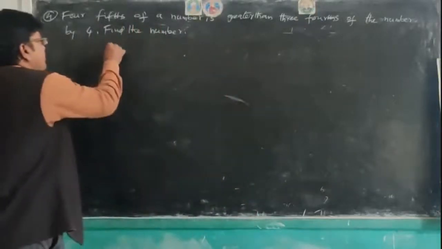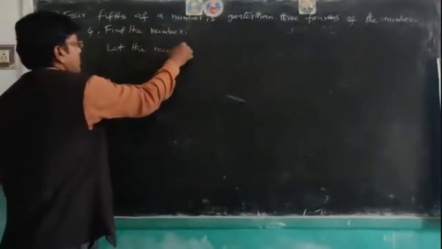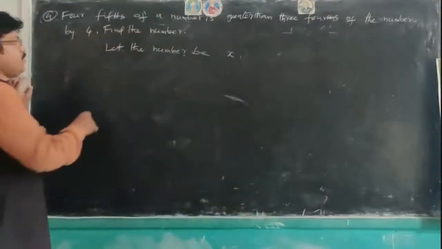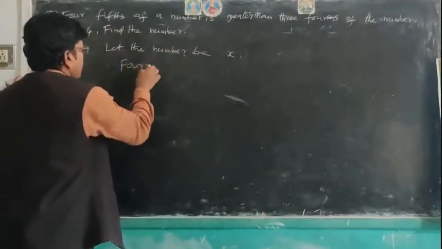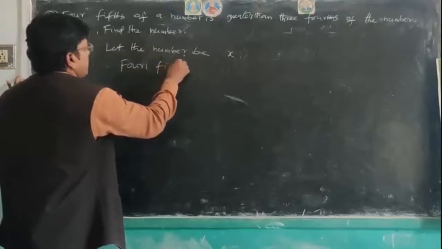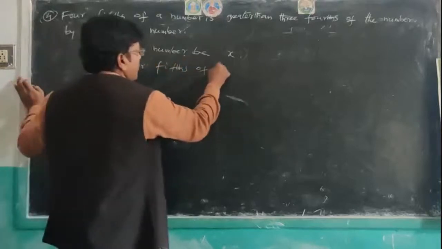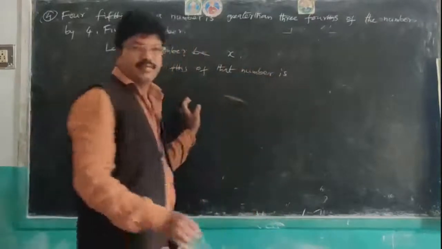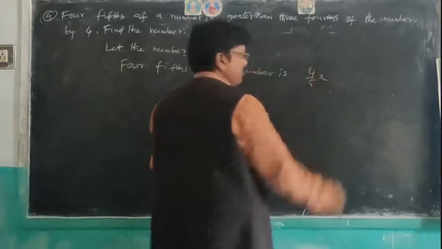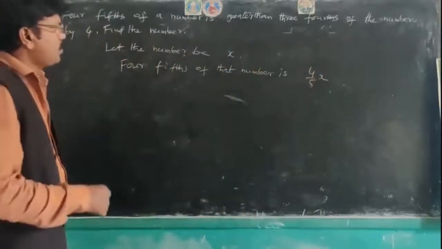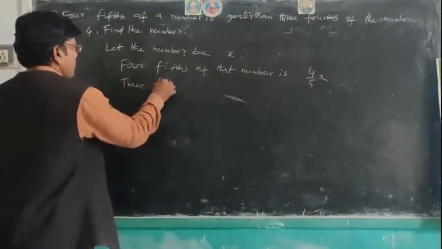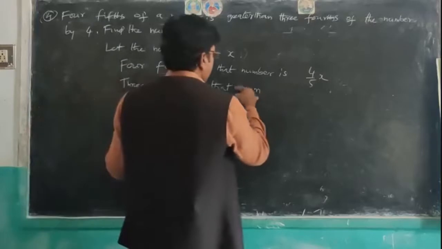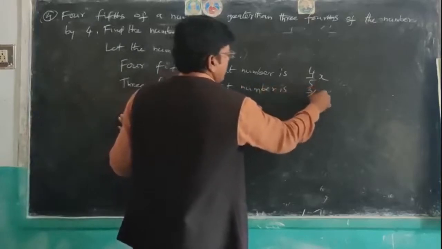Let the number be x. 4/5 of that number is 4/5 x. Next, 3/4 of that number is 3/4 x.